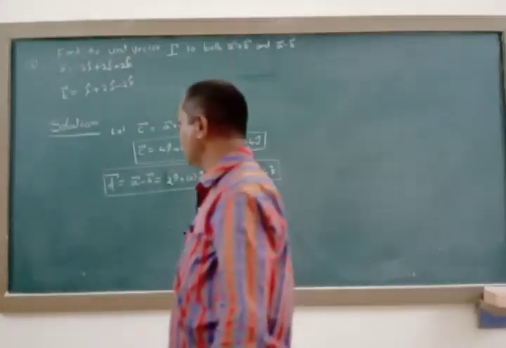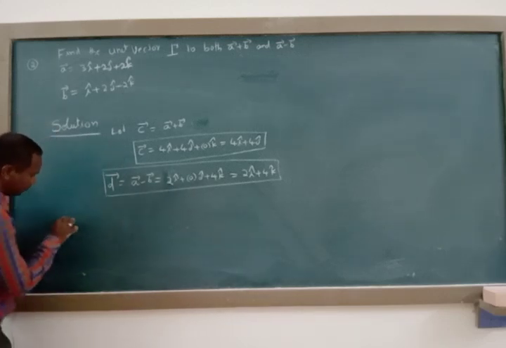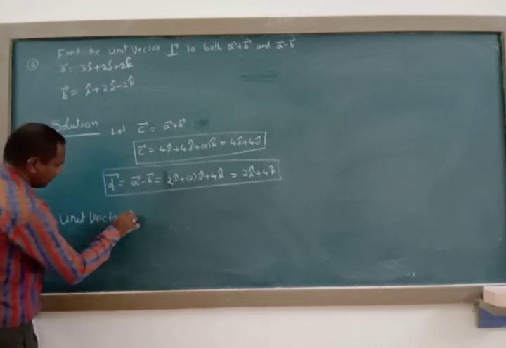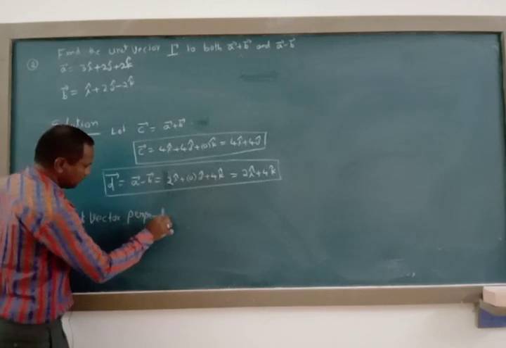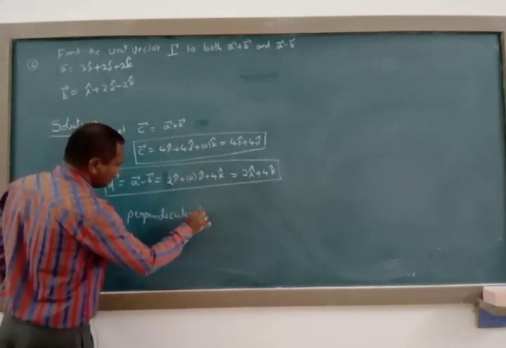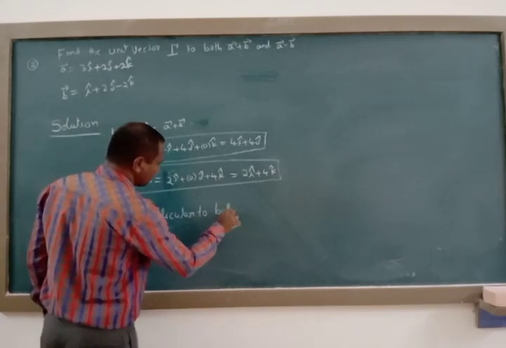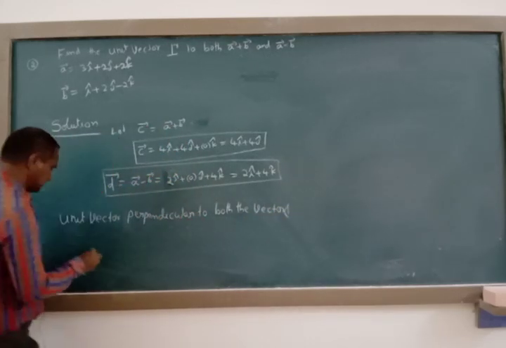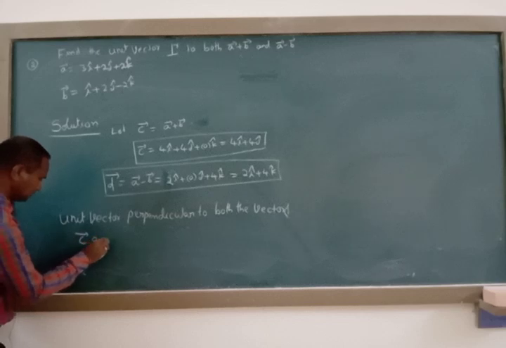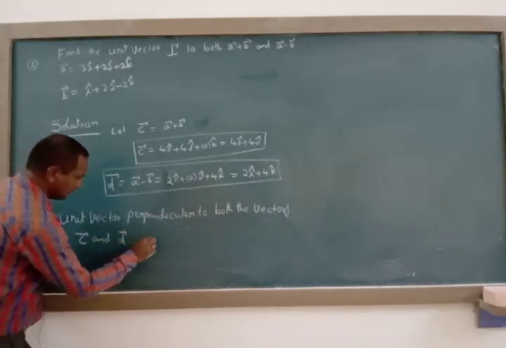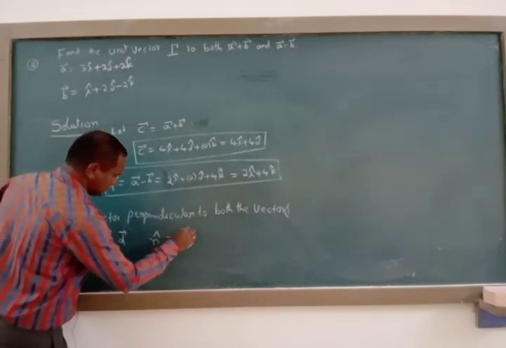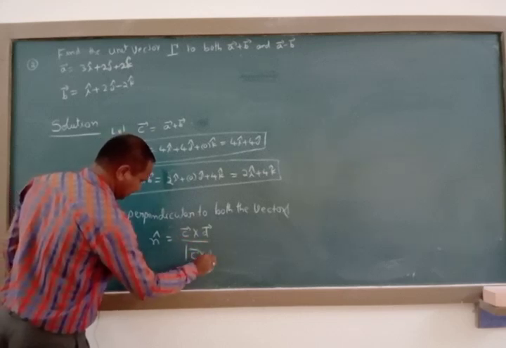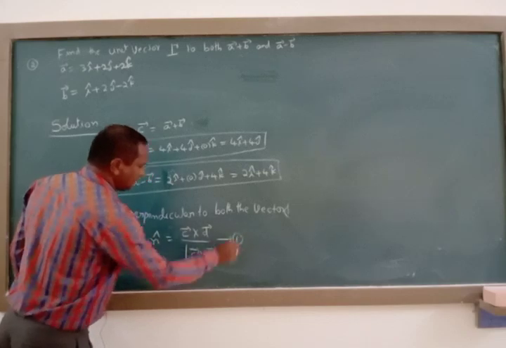The unit vector perpendicular to both the vectors c bar and d bar is given by n cap is equal to c bar cross d bar whole divided by the magnitude of c bar cross d bar. We consider this equation number 1.